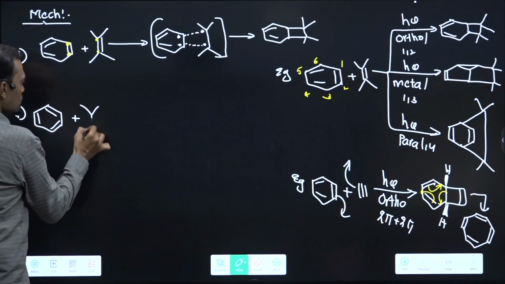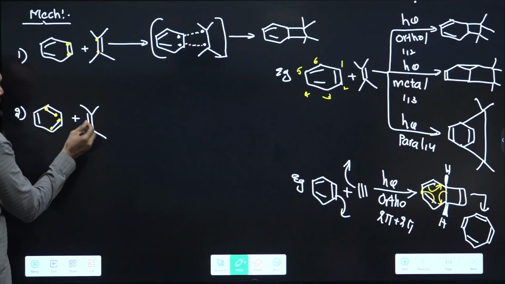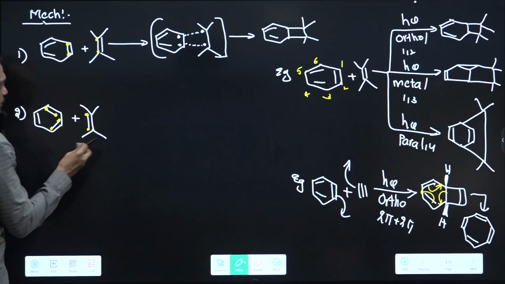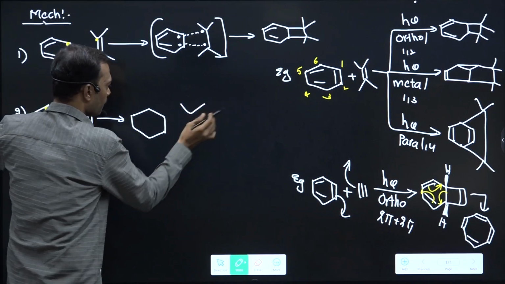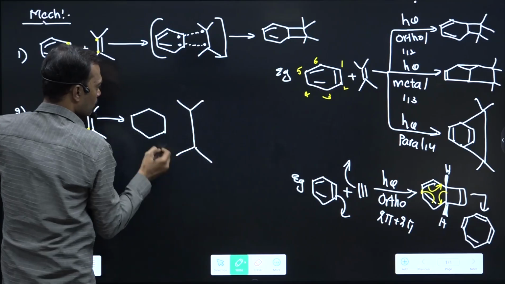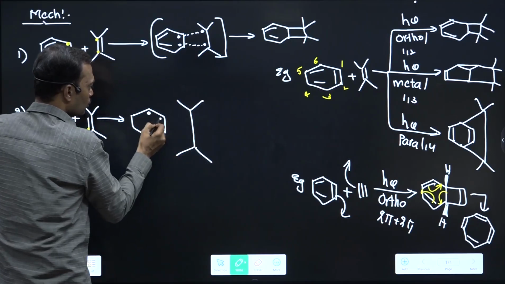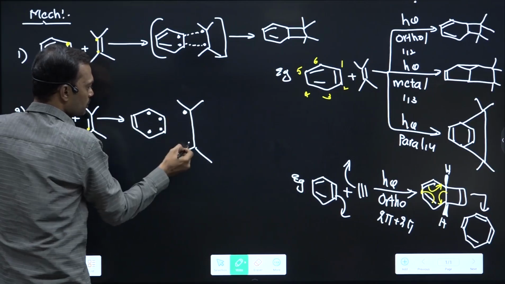Suppose I take meta, now 4 electrons are going to be involved here. Now here this and this, they are going to interact like this. Here 1, 2, 3, 4. Here 2 electrons are present.